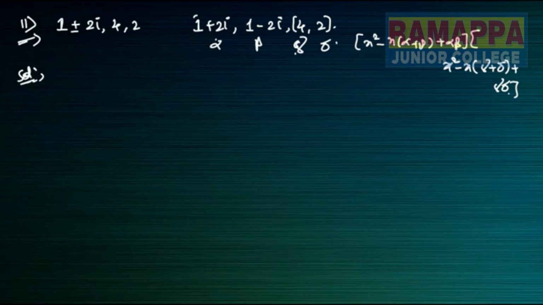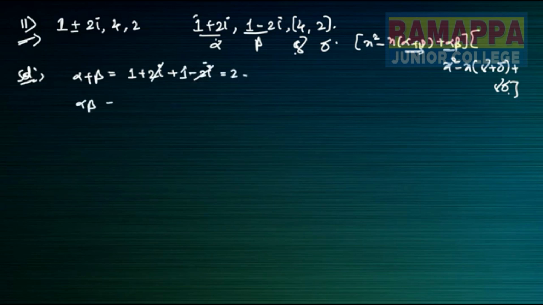Now the solution. First we have to find alpha plus beta and alpha into beta, for the first 2 roots. Alpha plus beta is equal to 1 plus 2i plus 1 minus 2i. Here this cancels, and it becomes 2.